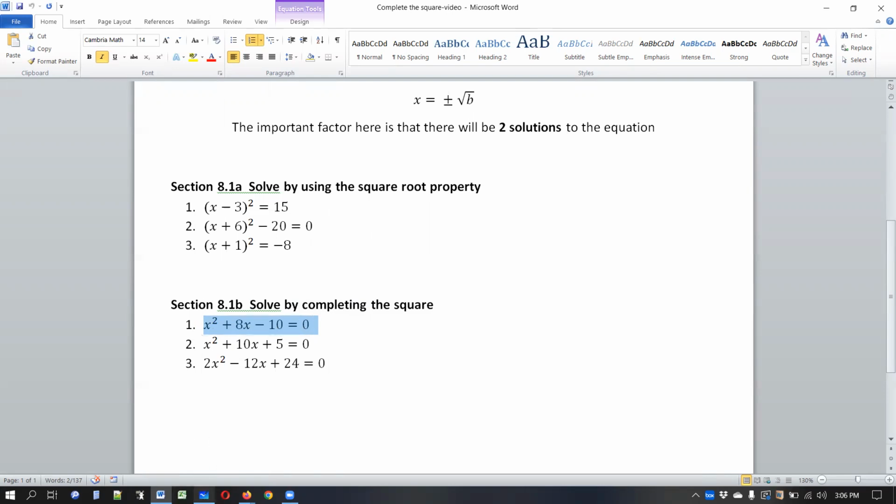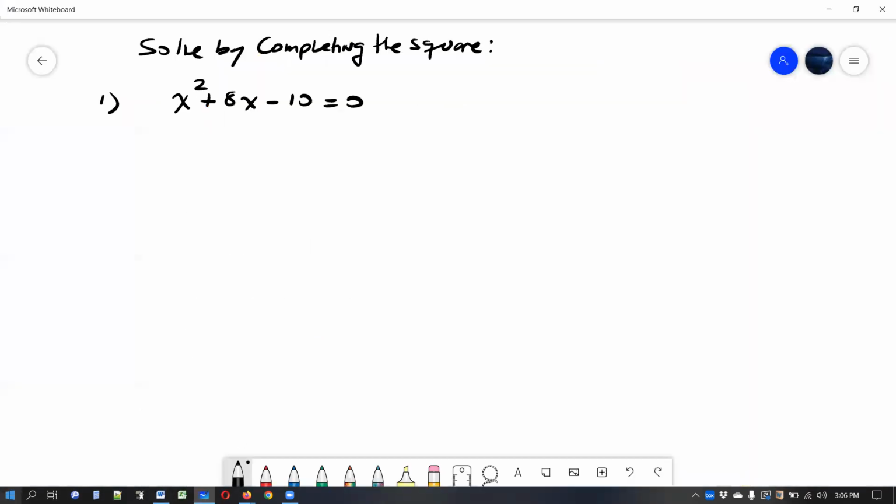So let's take a look at the first one, x squared plus 8x minus 10. And I already copied the problem over here. So this is our beginning step, right? So the equation has to be equal to 0. So the first step in solving by completing the square is that the number, or the c, right? So ax squared plus bx plus c equals 0.